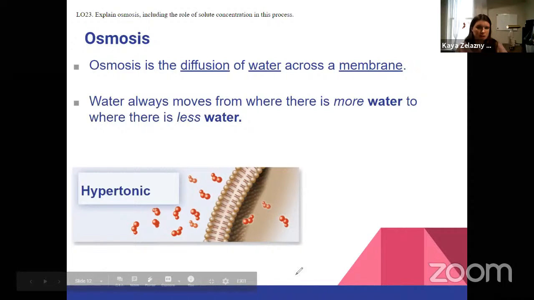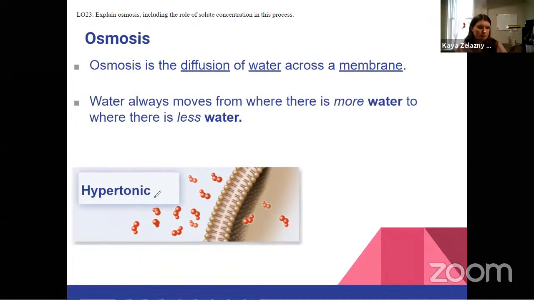So if we're looking at this hypertonic solution, what we see is lots of solute outside and a little solute inside. So I want you to all think in your minds for a second, where are we going to have more water? And draw some in. So we're thinking about this solute concentration. The solute is basically taking up space.